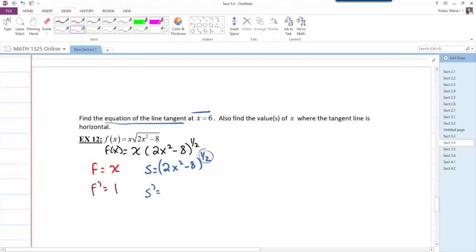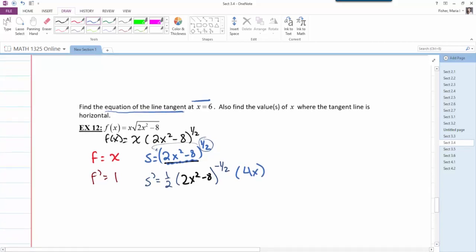So that comes out and multiplies out in front. So 1/2 times, then we copy paste 2x squared minus 8, raise it to 1 power less. Well, 1/2 minus 1 is negative 1/2, times the derivative of the inside, and the derivative of the inside is going to be 4x.